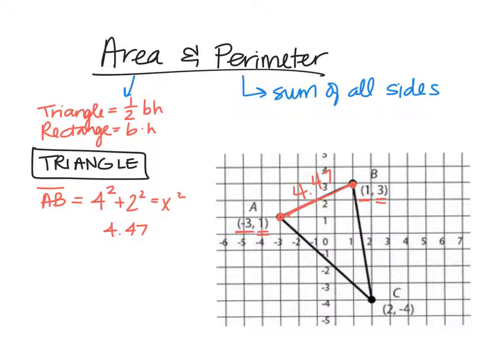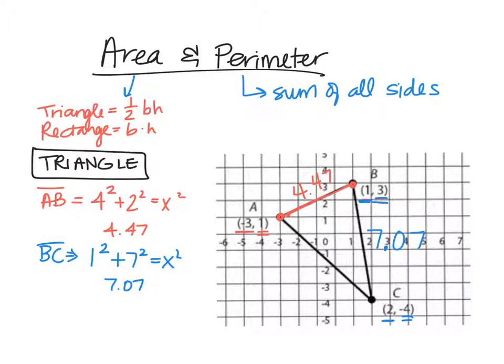Similarly, we could do the same thing from B to C. So notice for B, if we're looking at the x, that's 1 to 2, that's just 1, so 1 squared. And then from 3 to -4, that's 7, so plus 7 squared equals x squared again. And if I work that out, I'm going to get 7.07.